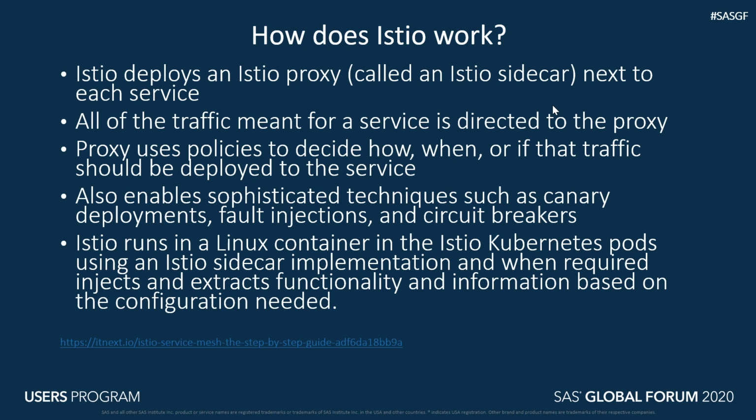Each proxy then uses the policies to decide how, when, or if that traffic should be delivered to the microservice. So Istio sits out there kind of like a traffic cop, having the sidecar inside the pod, and based on how it intercepts the traffic, it can decide what to do with it based on policies that are set.